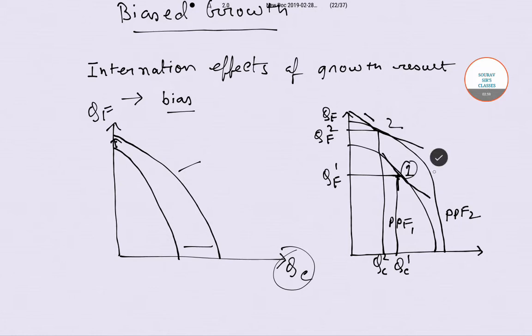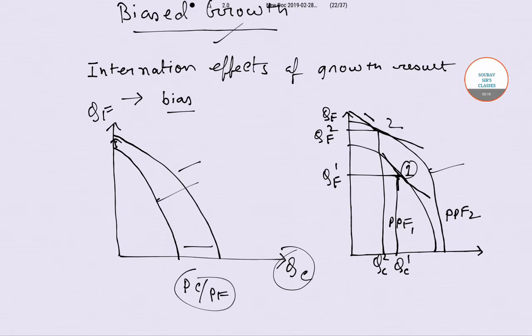So here, as you can see, in both of these, the PPF has shifted more in one direction than the other. Growth occurs at unchanged relative prices, that is unchanged PC by PF. This is known as biased growth.